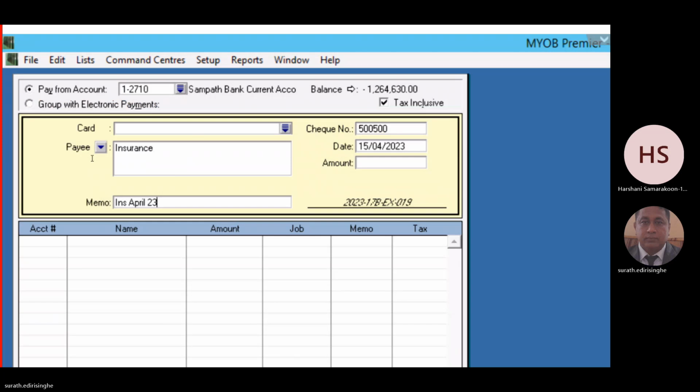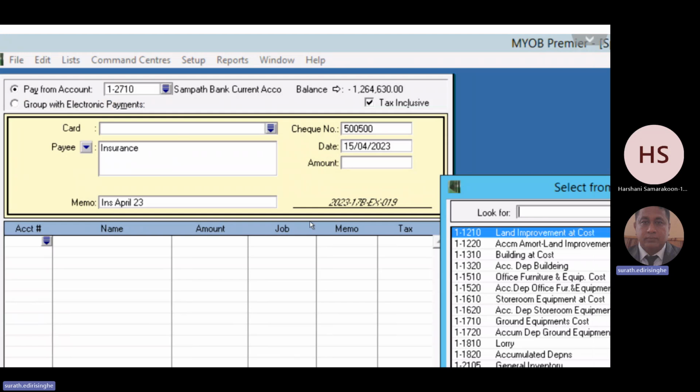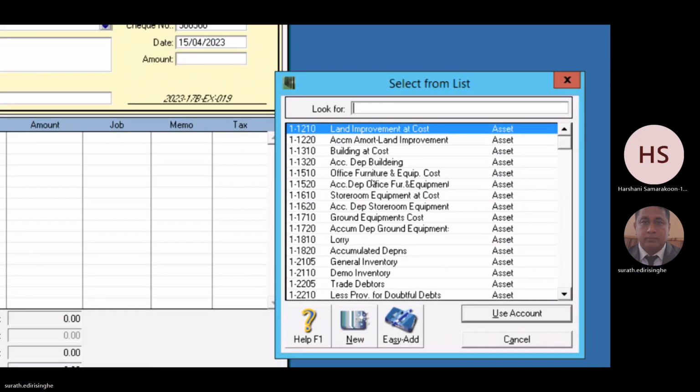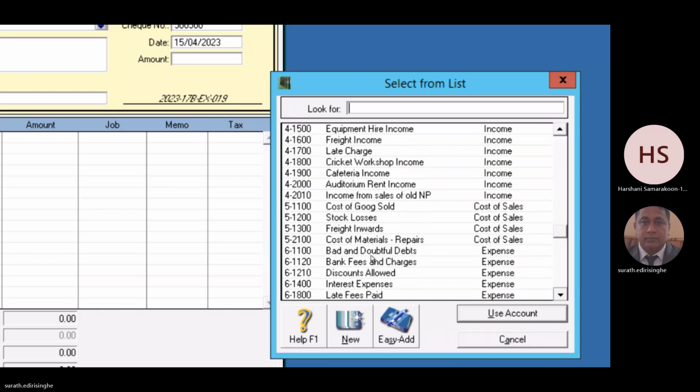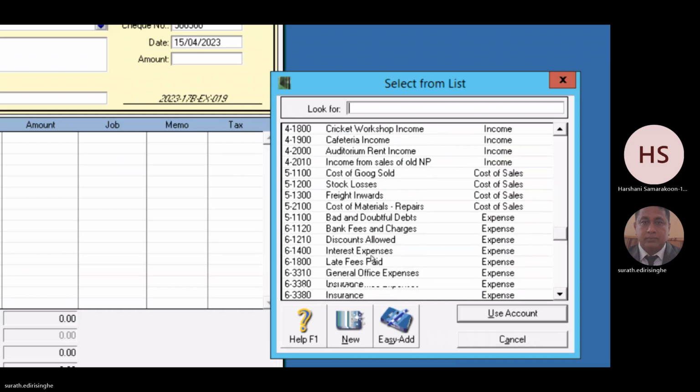Okay. Then select here the insurance expense account. Under the expense section, insurance.